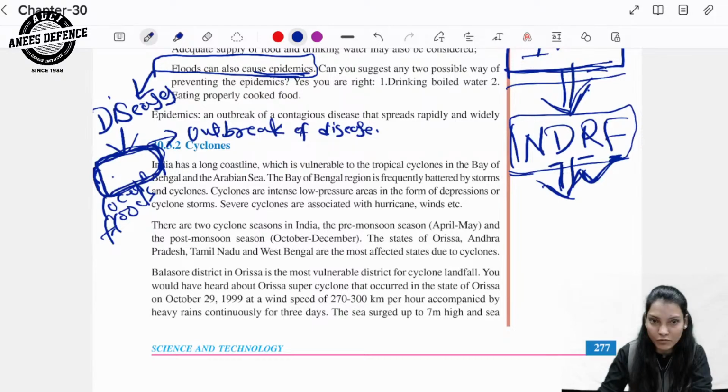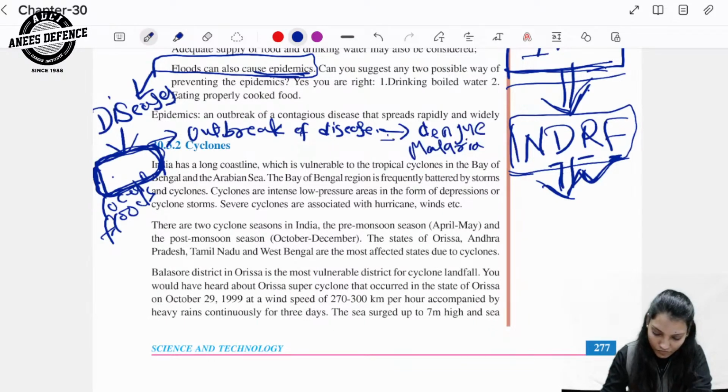Now, what are the types of diseases in this particular area? Chikungunya, dengue, malaria. Because of the dirty water after the flood, these diseases can occur. So these are examples of epidemics.